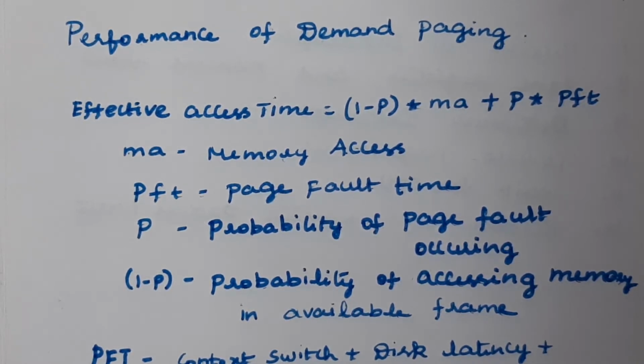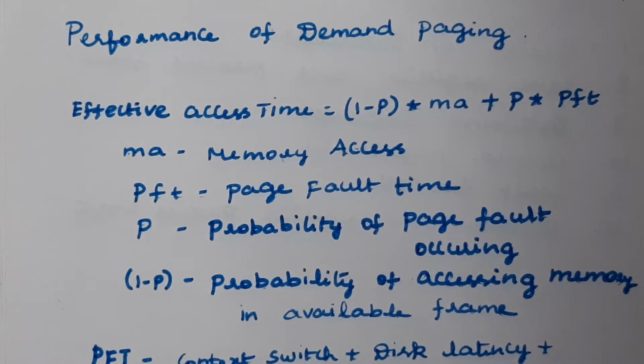Here we have to represent the effective access time, which means the time taken to access a particular page, whether you get a page fault or not. That is what we are going to discuss now. If you don't get any page fault, the page you want to access is available in main memory, so the time taken is equivalent to the normal memory access time.